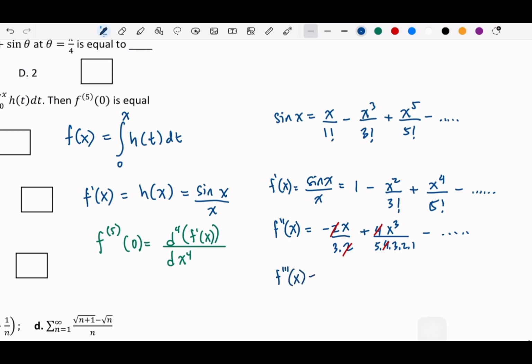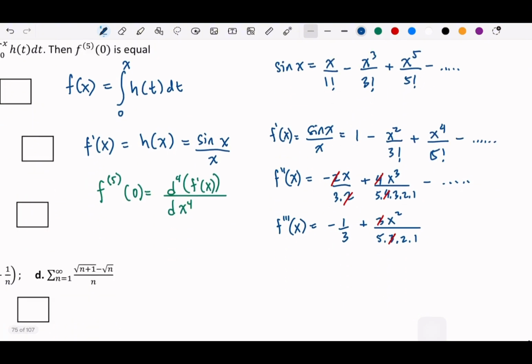Taking the third derivative, this will be 1 over 3, this will be 3x squared, we cancel 3, okay, and then f4 of x, this will be 0, and this will be 2x. 5 to 1, cancel, and we have actually like that, right?